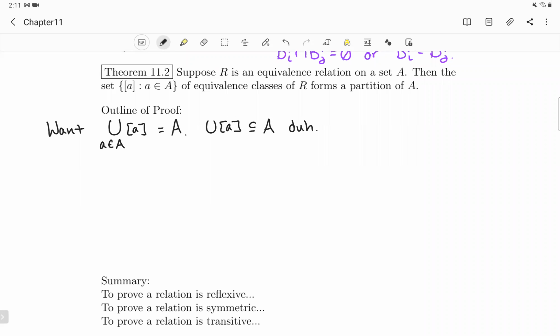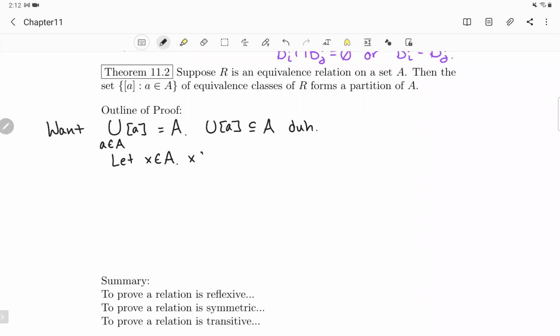Okay, but we need to do the other direction. So let x be an element of capital A. I need x to be in that union. How do you get in a union? What's it take to be in a union? You've got to be in any one of them. Well, what equivalence class is x guaranteed to be in? His own. Yeah, because everything is related to itself. All right.